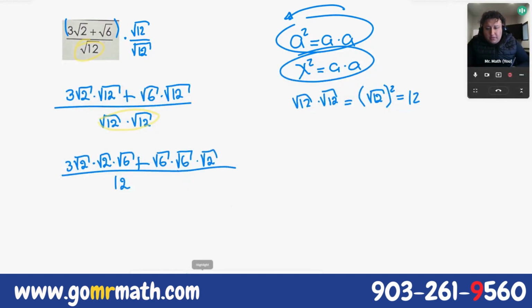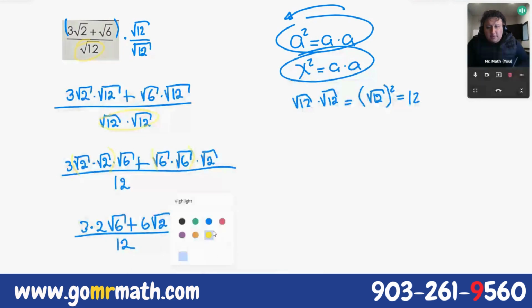Here it is happening exactly the same: root of 2 times root of 2 is just 2. So we'll have 3 times 2 times root of 6 plus, again, root of 6 times root of 6 is just 6, root of 2, and everything divided by 12.